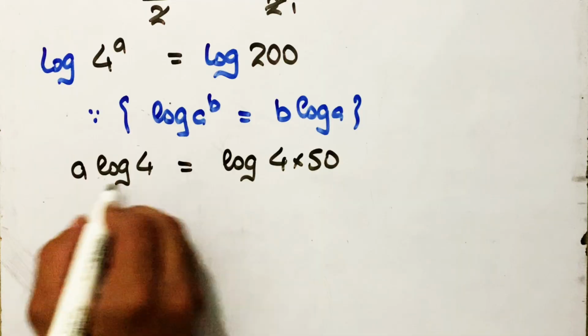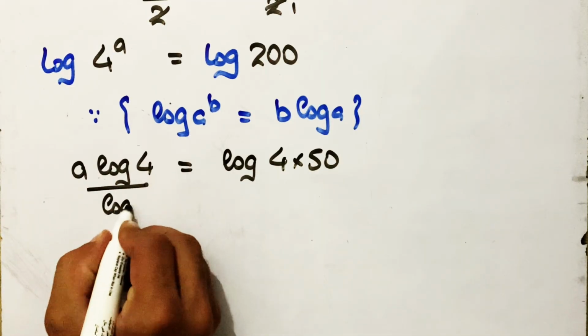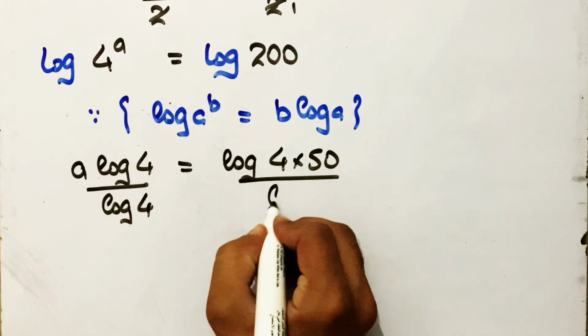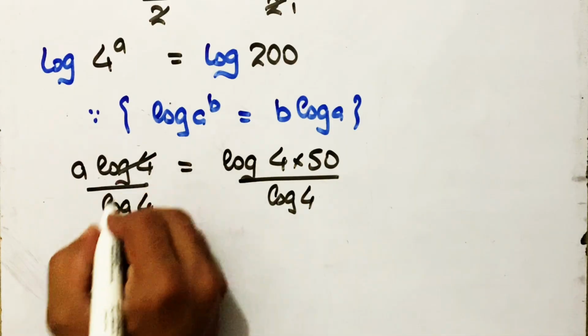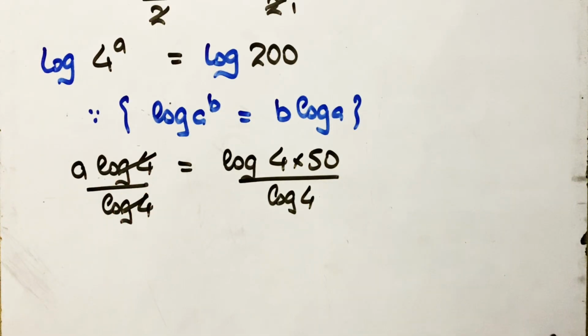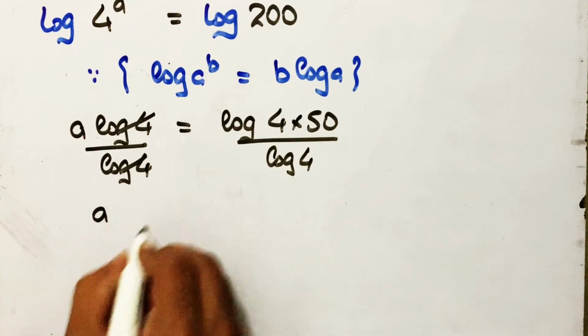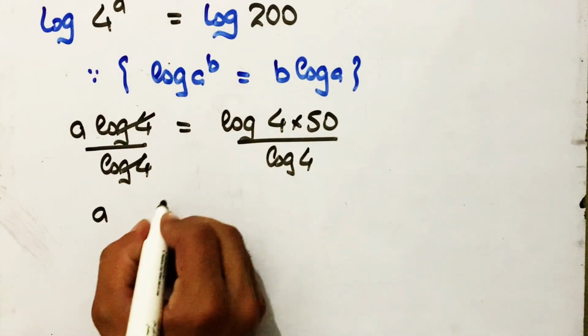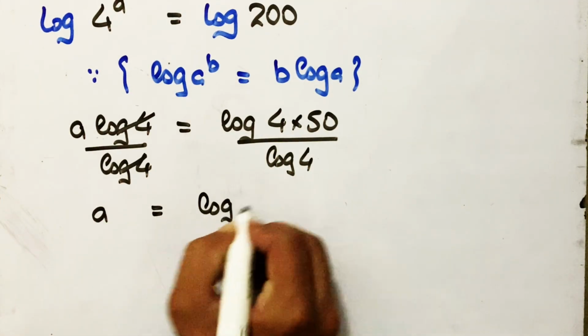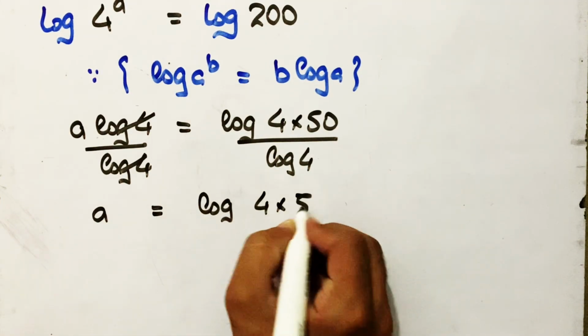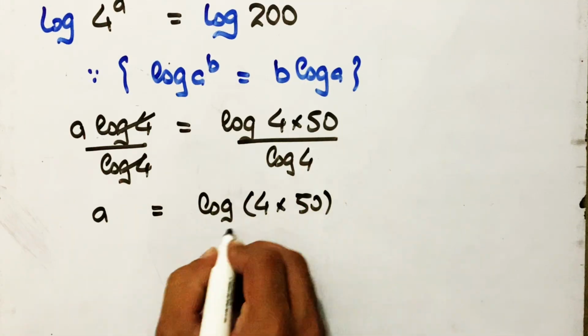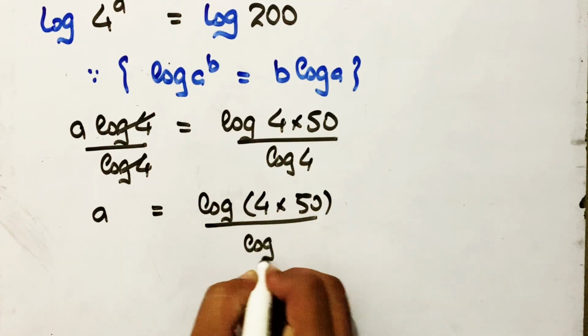Now if I divide both sides by log of 4, this and this cancel out. So we got the value of a equals log of 4 into 50 divided by log of 4.